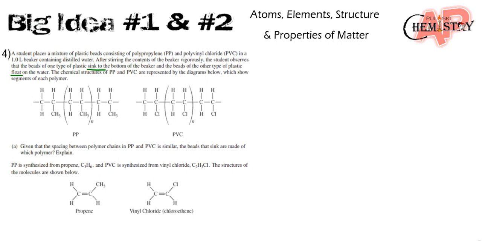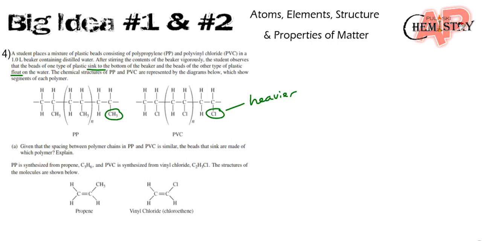So what is the goal? With any of this stuff, guys, you just got to find the difference. And what's the biggest difference you notice? This is what I see. This has CH3s versus this has Cls, right? Well, what things sink? Things that are more dense. Well, if it doesn't take up more space, that's what they're telling you, then the other part of density is mass. So this is a lot heavier than CH3, right?